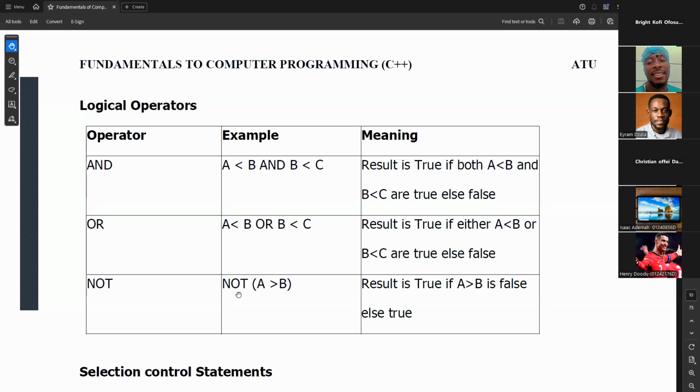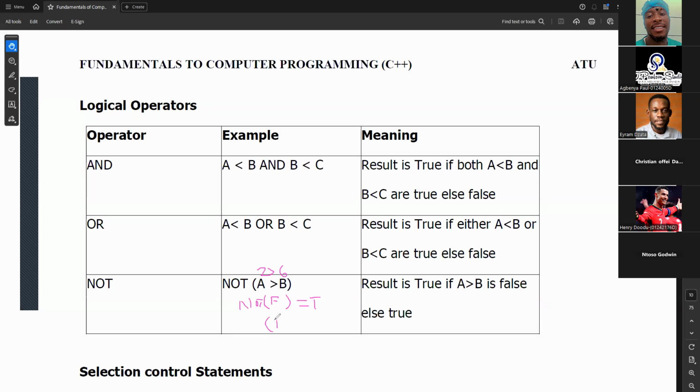Anytime we use the not, if A is 2, greater than B, which is 6, this is false, and we are saying not false, then it means it is true. And if you have an expression that is true and you say not true, that will give us false.